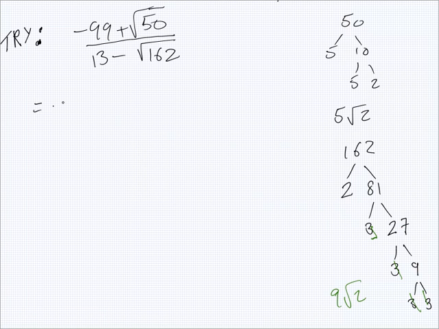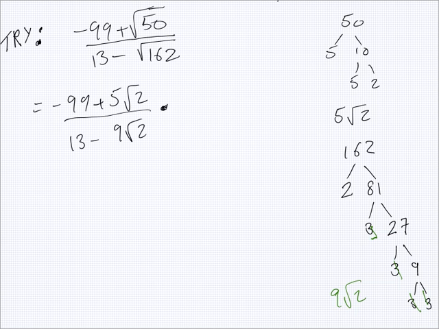So this is minus 99 plus 5 root 2 over 13 minus 9 root 2, times 13 plus 9 root 2 over 13 plus 9 root 2. 99 times 13 is a big number.